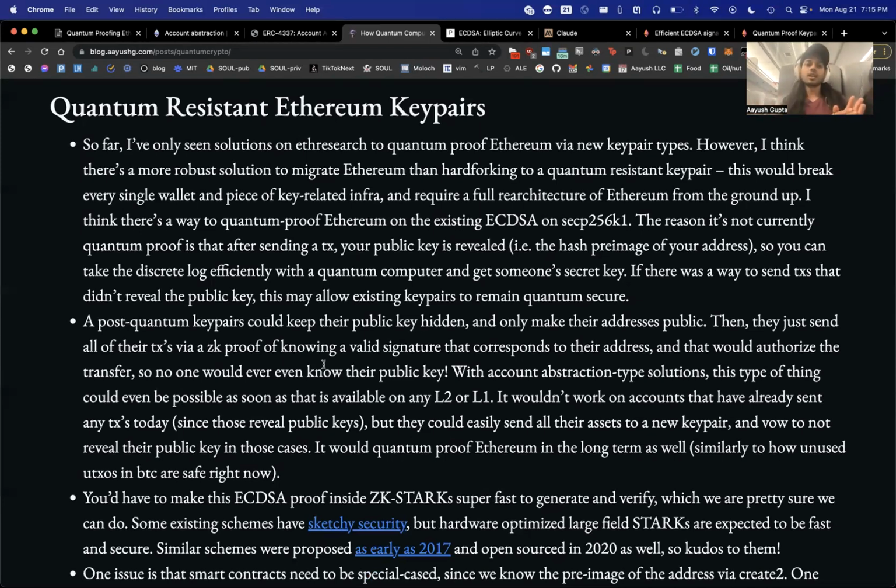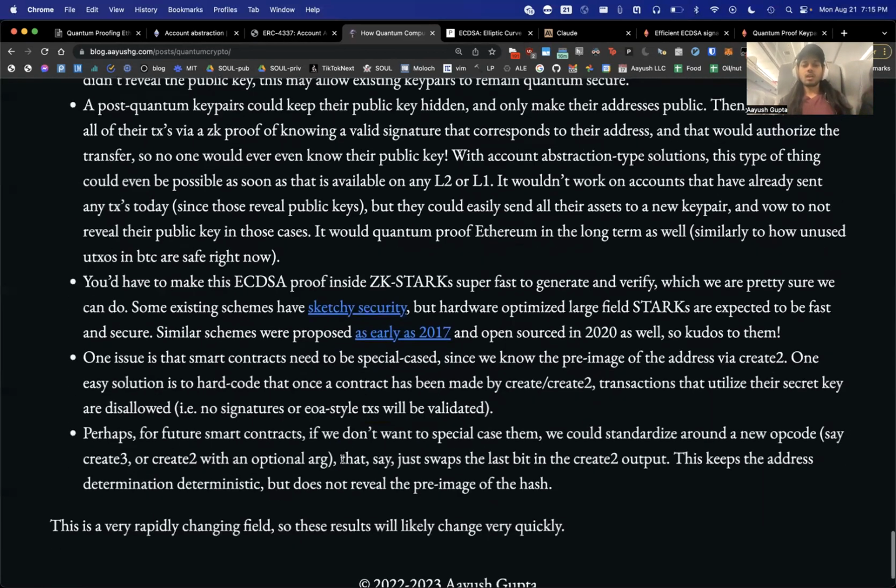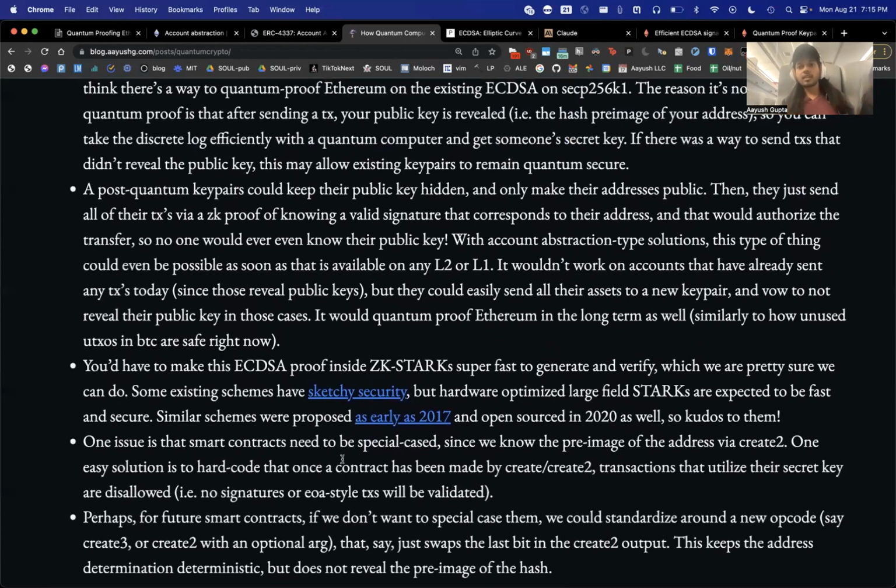People can even keep addresses that haven't yet interacted with the chain, and then instead of a direct ECDSA signature, which is what you use to verify that you're in fact sending some transaction, we send a ZK Stark proof of that ECDSA signature.